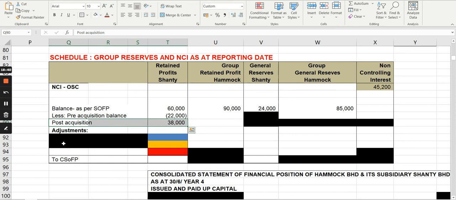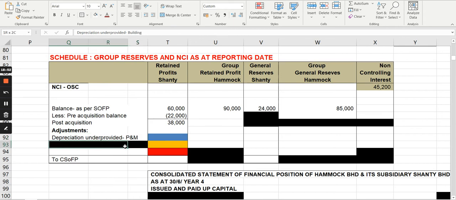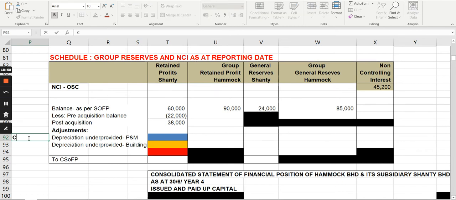However, this has not been adjusted yet. When we were doing the fair value adjustment, there were adjustments that we did that affect the retained profit. This is your consolidation adjustment that you have done earlier.